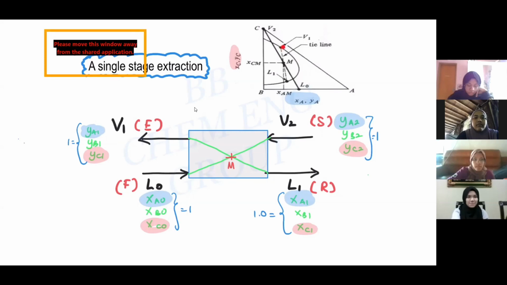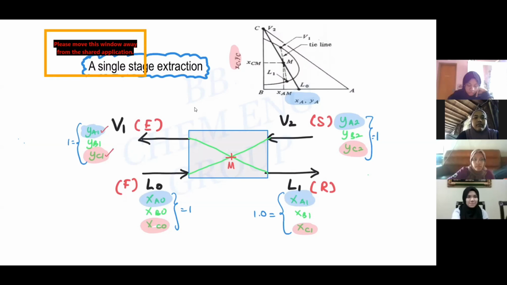If you know the coordinates of V1, you should know the weight fraction of YA1 and the weight fraction of your solvent at V1. By having that, you should be able to solve your YA1 and YC1 from the graph.